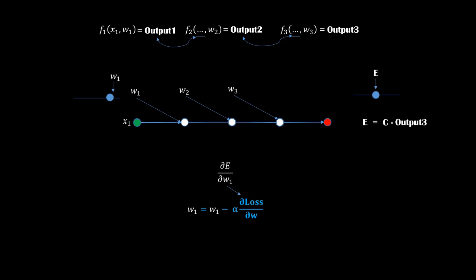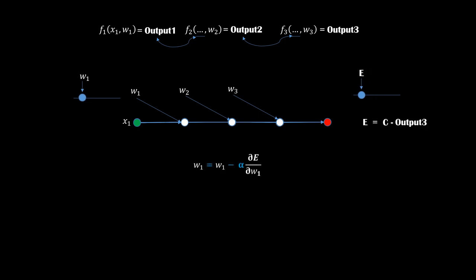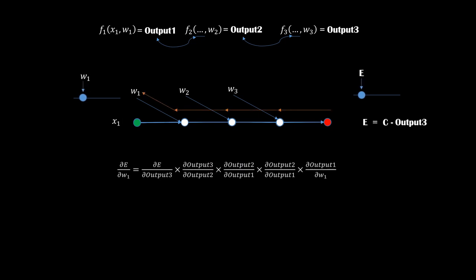Let's substitute it into the formula. To compute the derivative of the error with respect to weight 1, we need to move from the error back toward the weight and take the derivative.